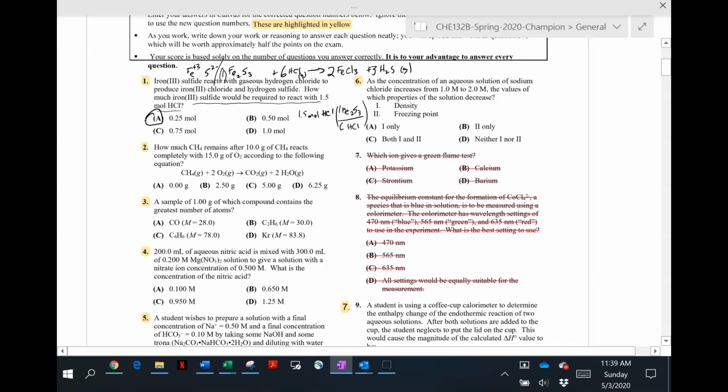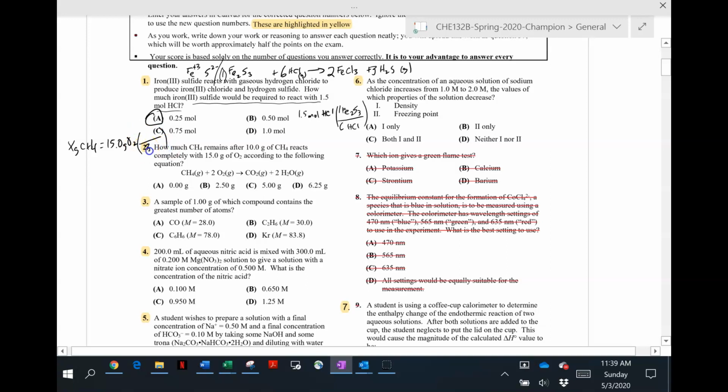The second question here, we're looking at how much methane is remaining after 10 grams of methane reacts completely with 15 grams of oxygen. So what we're going to do is figure out how much methane reacts. So how many grams of CH4 is equal to 15 grams of oxygen. And we're going to convert oxygen to moles.